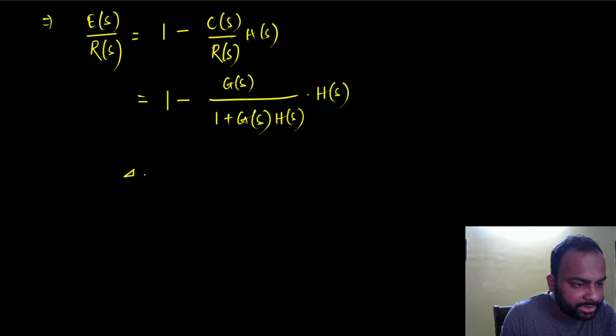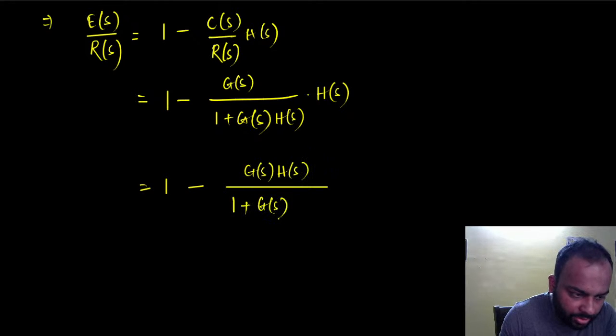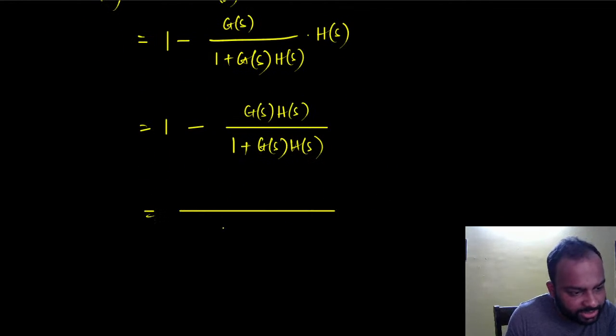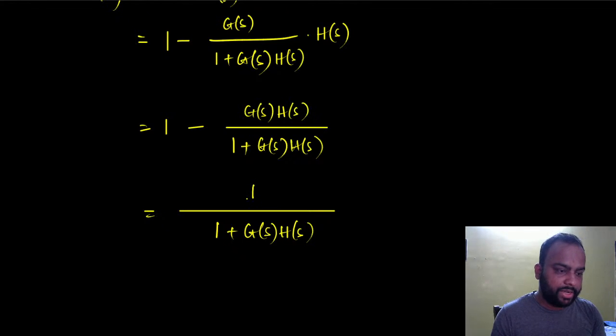So this becomes 1 minus G(s)H(s) over 1 plus G(s)H(s). If we do the simplification here, this becomes 1 plus G(s)H(s) in the denominator, and in the numerator this simply becomes 1, right? 1 plus G(s)H(s) minus G(s)H(s).